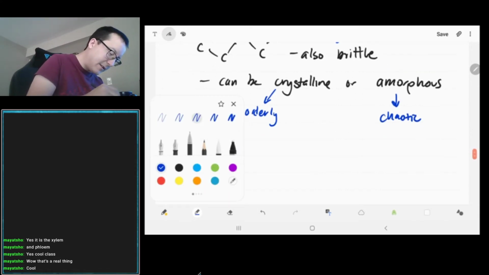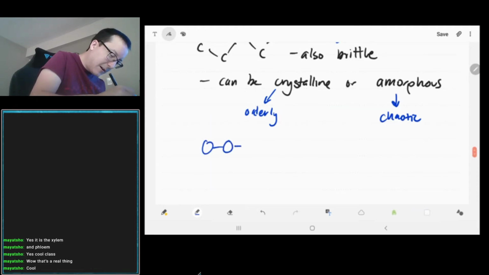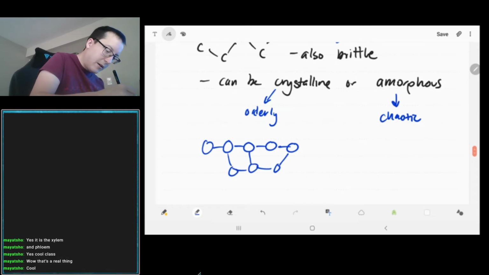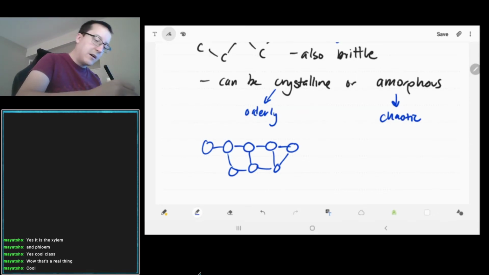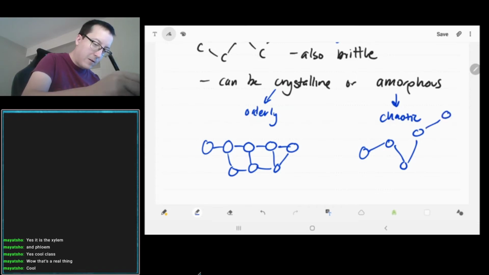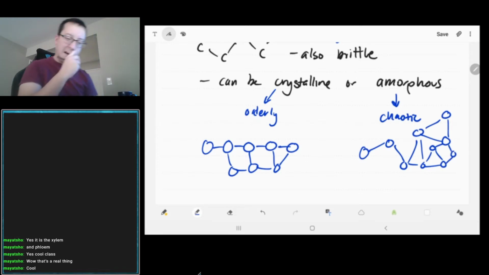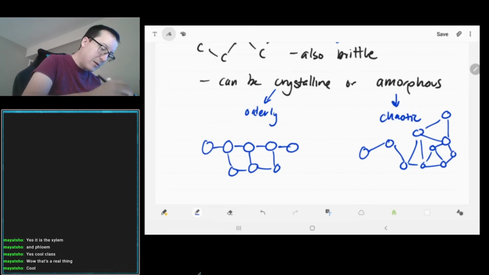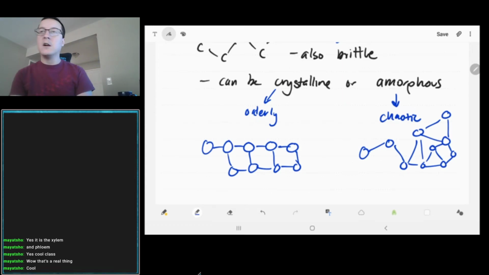So, a nice network solid, things are nicely connected together. Where a chaotic one, this is kind of crazy, but things are not organized as much. Here, I'll make this one really organized. There we go. Where we have amorphous ones which are kind of just chaotic.